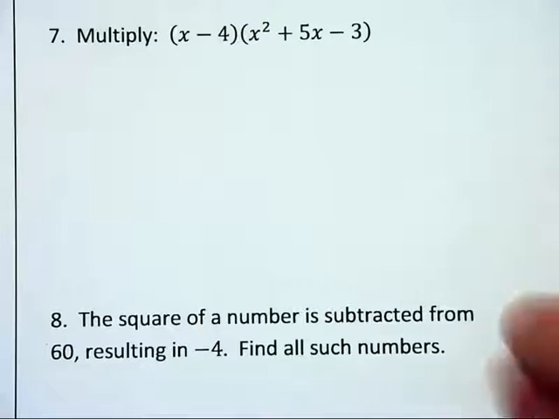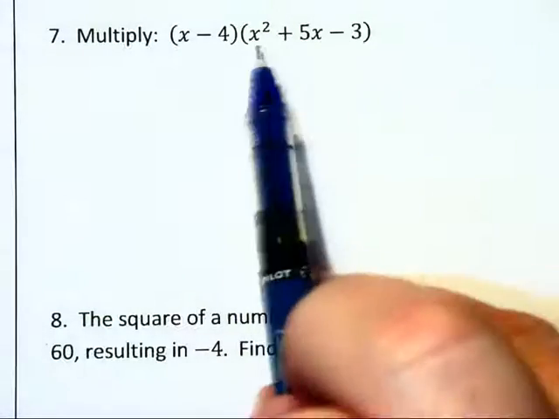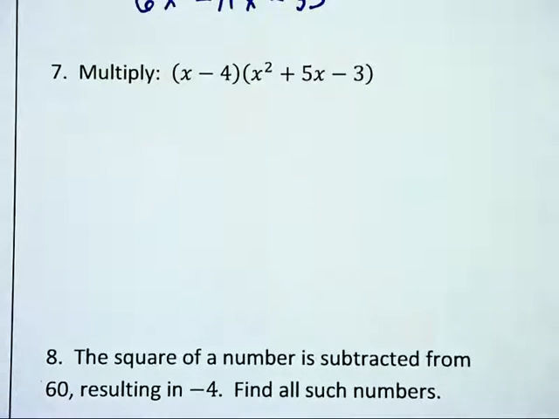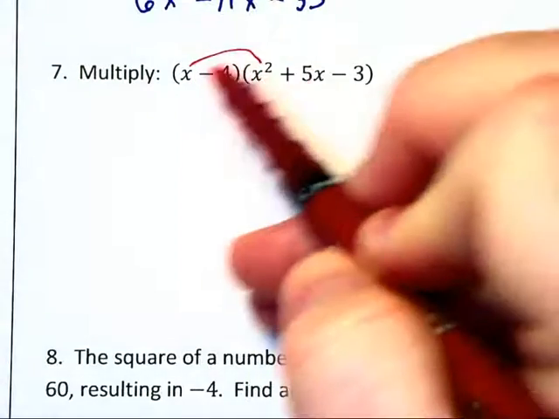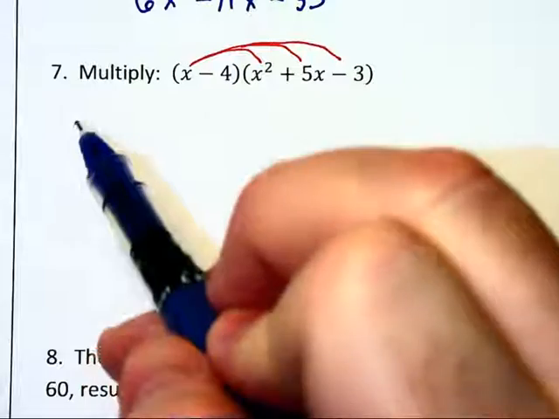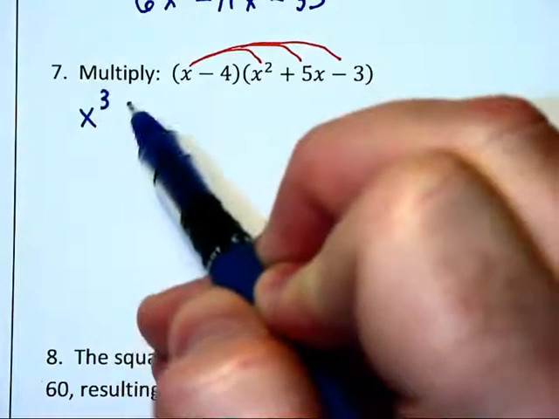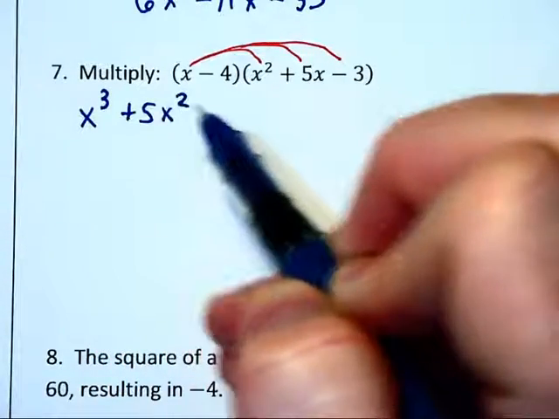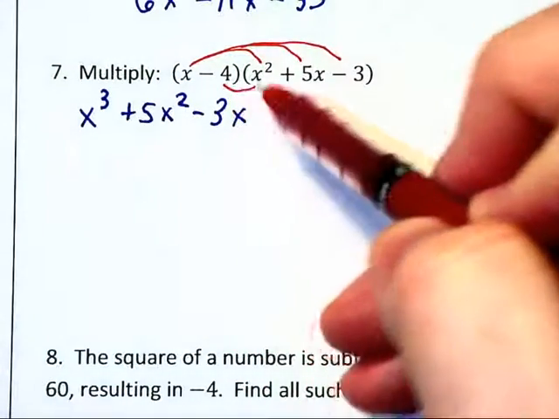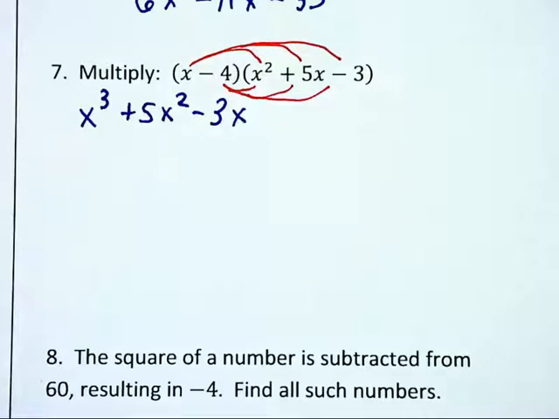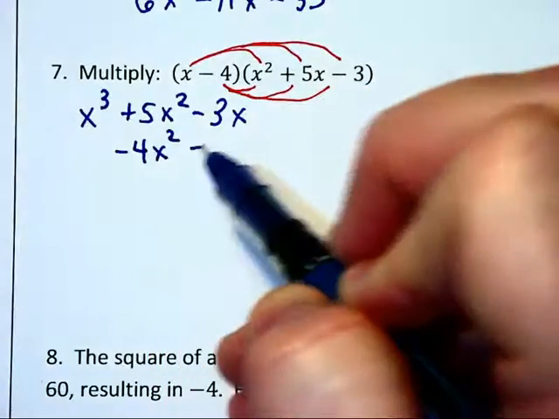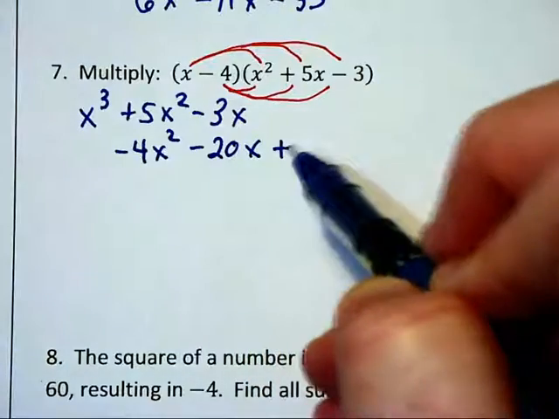We cannot use the FOIL process for this problem because there are 3 terms in that second parentheses. Instead, we should take the x and distribute it from the first parentheses to each thing in the second parentheses, giving us x to the third plus 5x squared minus 3x, and then distribute the negative 4 times each term in that second grouping, giving us minus 4x squared minus 20x plus 12.